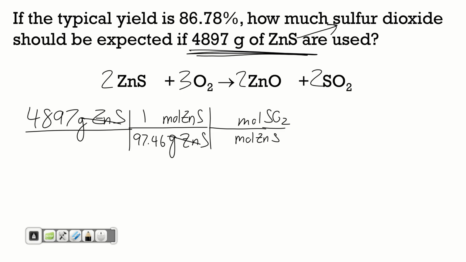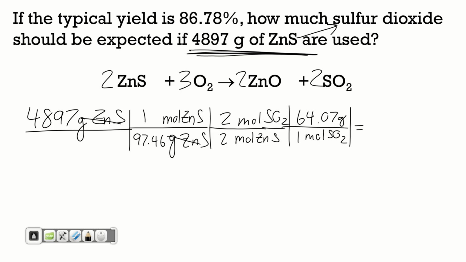This looks like 2 to 2. And then 1 mole of SO2 produces, I'm going to calculate 32.07 plus 32, yep, 64.07 grams of SO2. So I get 4,897 times 2 times 64.07 divided by 2 divided by 97.46.